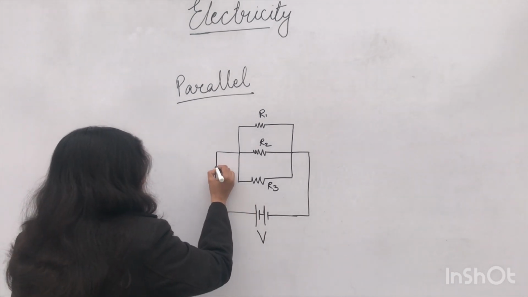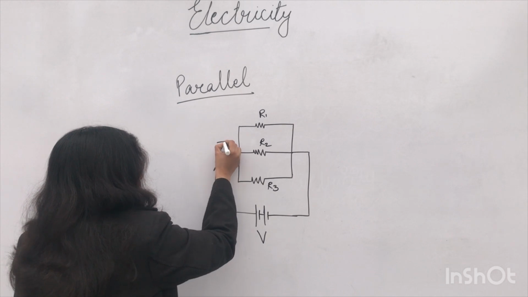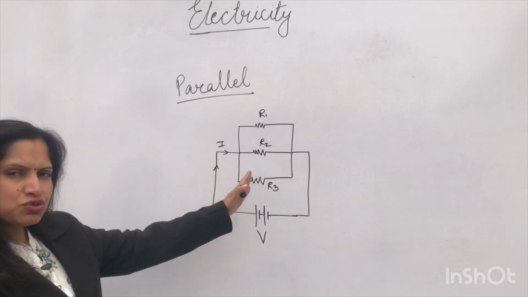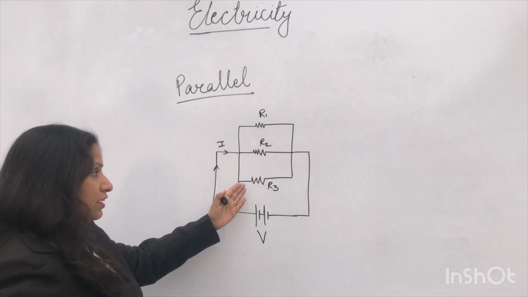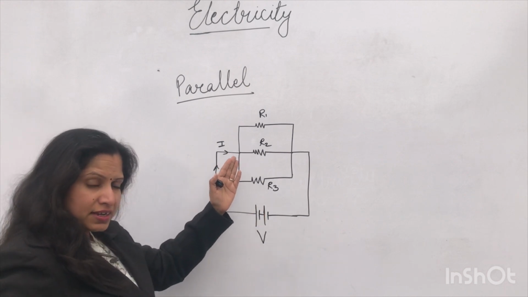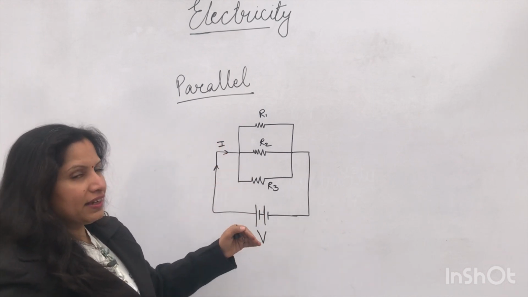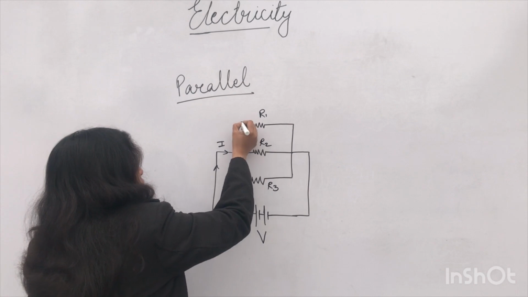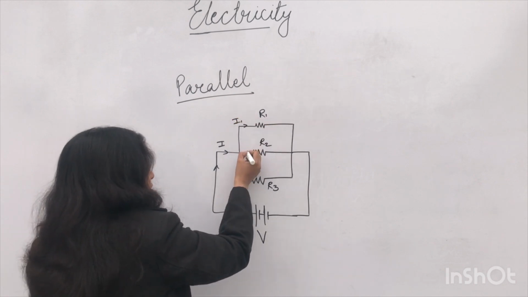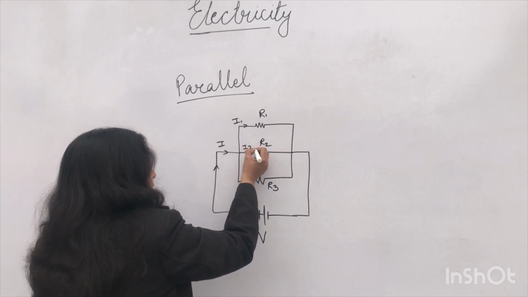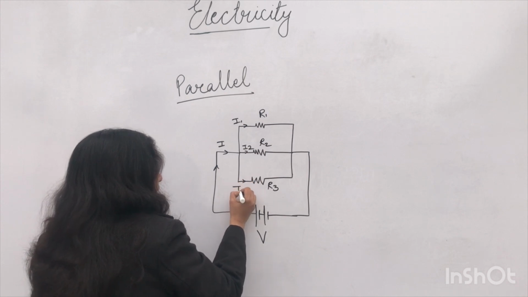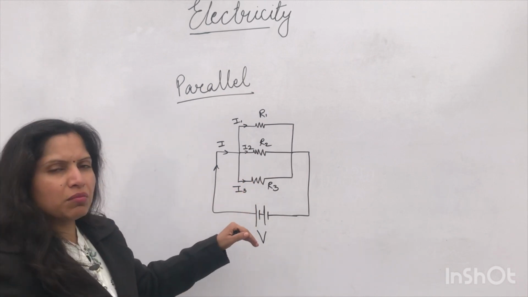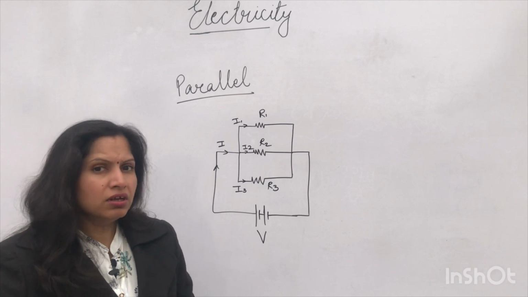Current will be starting from this, it will come up here. Once it comes to a point where it is getting options, the current will get divided. So, based on the resistance, the current will divide into some parts. The higher the resistance, the lower the amount of current will be going into that particular circuit.